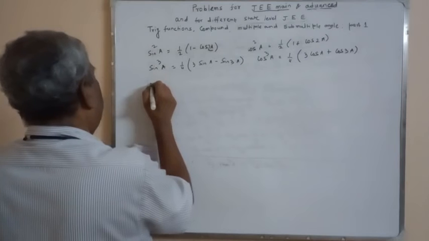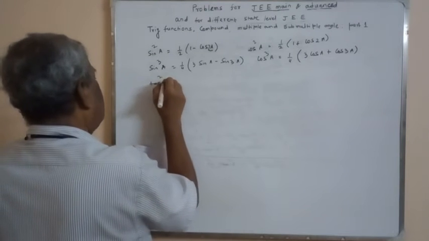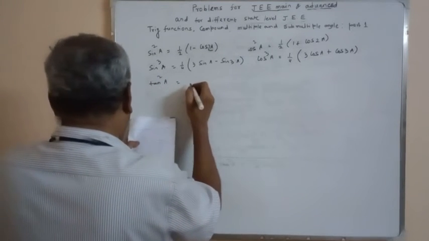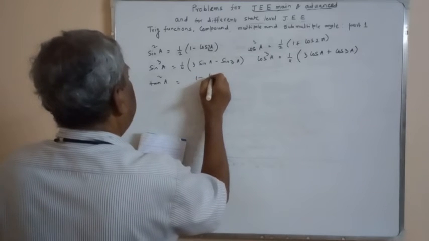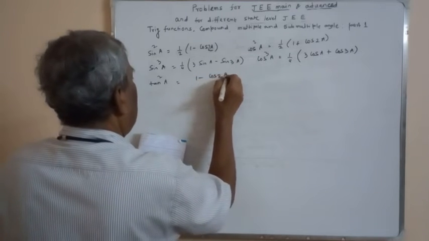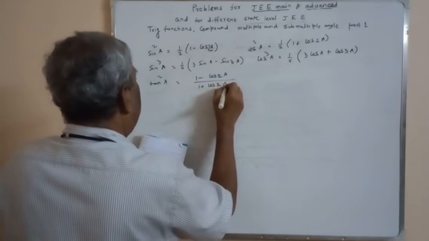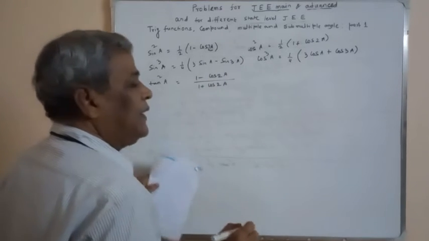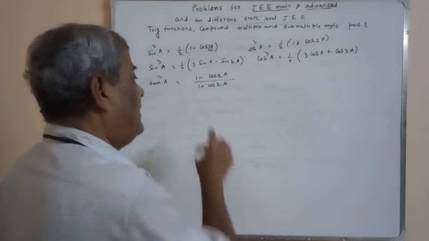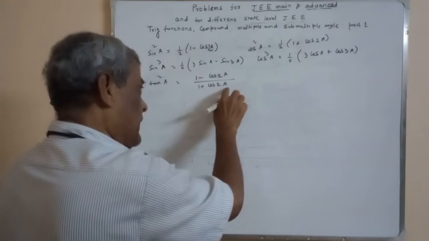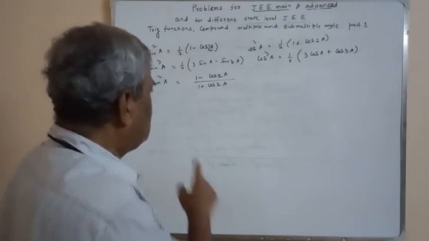Tan square A is 1 minus cos 2A by 1 plus cos 2A. In fact, 1 minus cos 2A is equal to 2 sine square A, and 1 plus cos 2A is equal to 2 cos square A. 2 cancels, so tan square A.